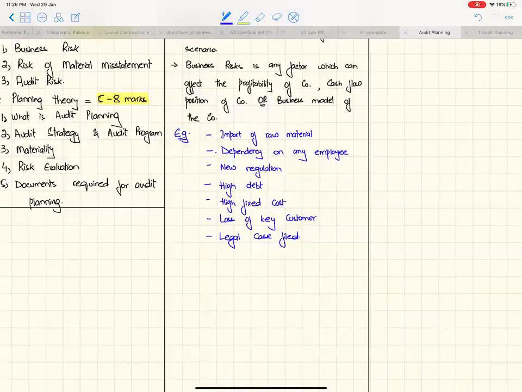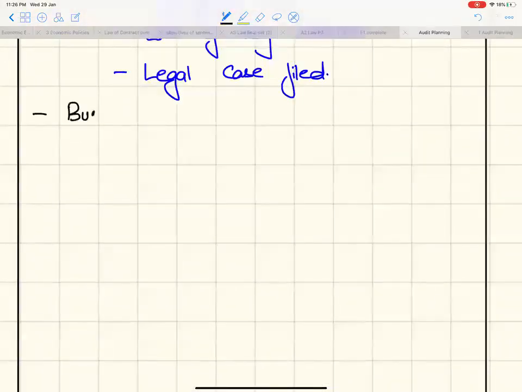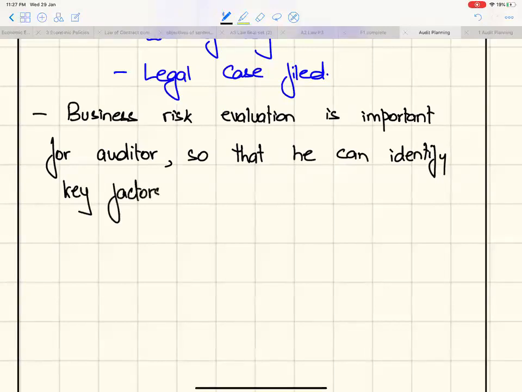Now my question is: why is business risk important for an auditor? Now see, business risk evaluation is important for an auditor so that he can identify key factors which can affect the client's business.